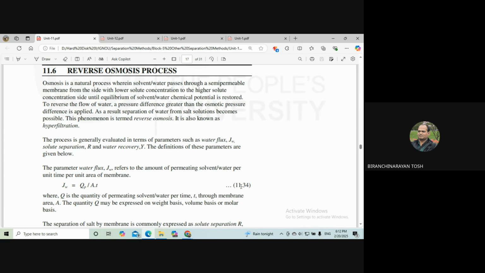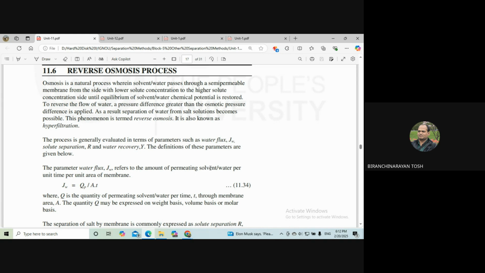But when the flow of water is reversed, as a pressure difference which is greater than the osmotic pressure is applied on the solution side, then as a result of this, separation of water from salt solution becomes possible. This phenomenon is termed reverse osmosis. It is also known as hyperfiltration.